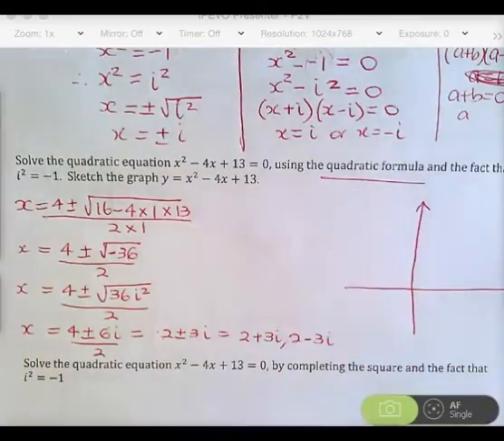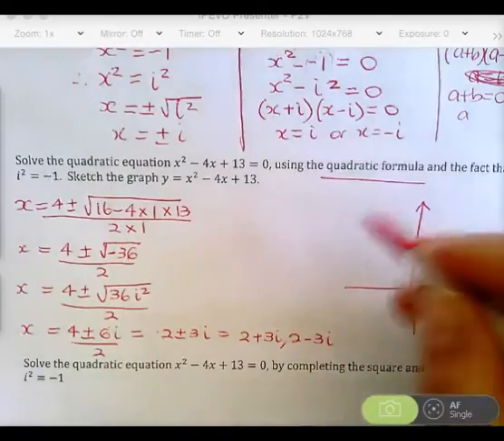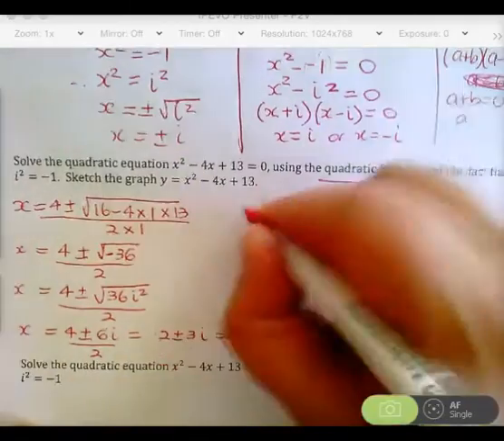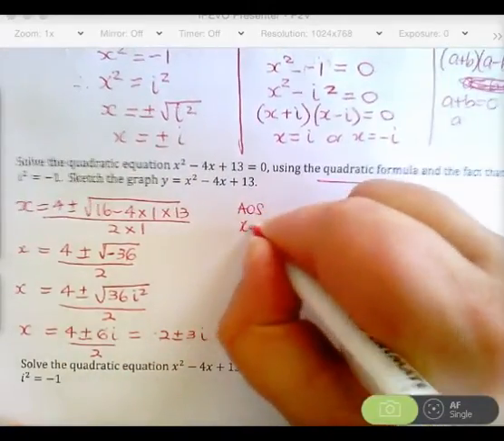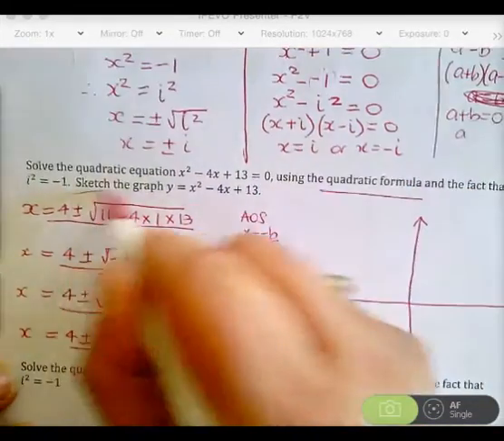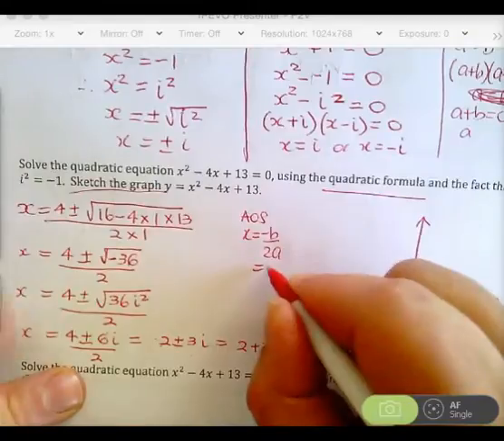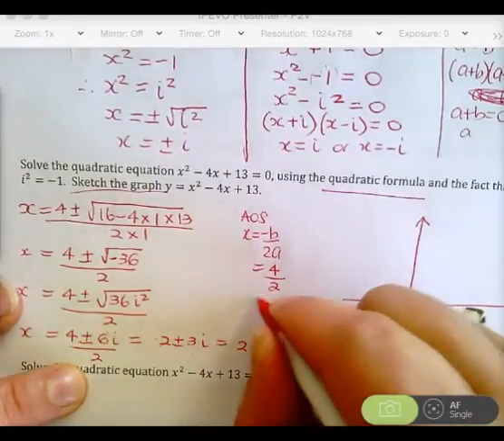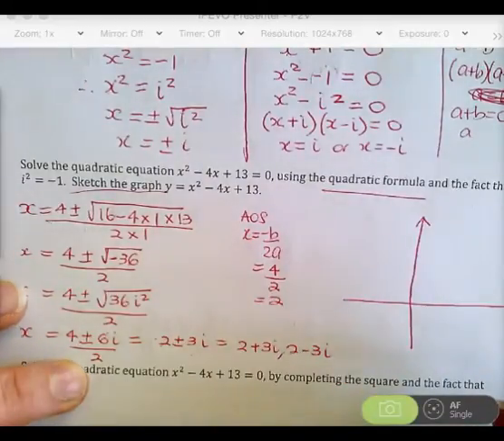So remember the other thing we did on the page before? How did we find where it turns? How did we find the vertex? And we found the y-intercept. All right, axis of symmetry. So axis of symmetry is x equals negative b over 2a, because I'm asking you to sketch the graph. Negative b over 2a is negative negative 4, it's 4 over 2 times 1, so it's 2.